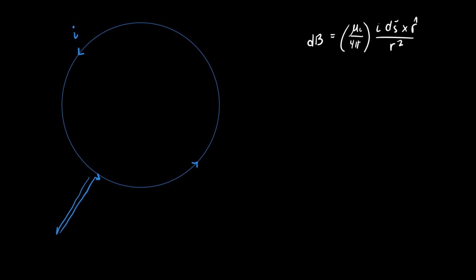Now, before we go and do the math here, let's take a look at our right-hand rule to get an understanding of what the magnetic field must look like here. So using our right-hand rule, and I'm using the curl rule for this, if I point my thumb in the direction of the current, then my fingers are always out of the board when I'm inside the loop and into the board when I'm outside of the loop.